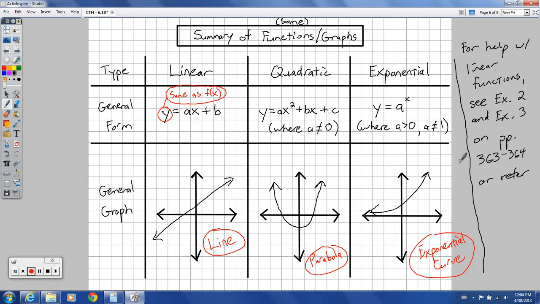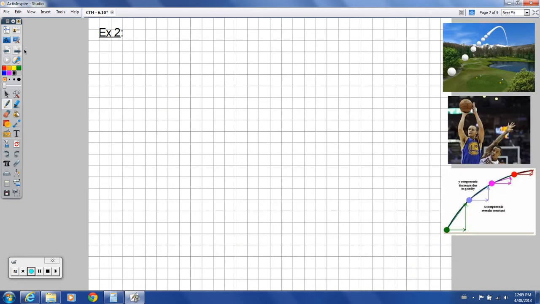That's when we talked about linear functions, linear equations, and graphing those things. So please make that note on your notes underneath this part, and then we can move on to example 2. We're going to talk more in depth about quadratic and exponential. I feel like we've hit linear pretty hard already. So check out the book if you need a little extra help with that.